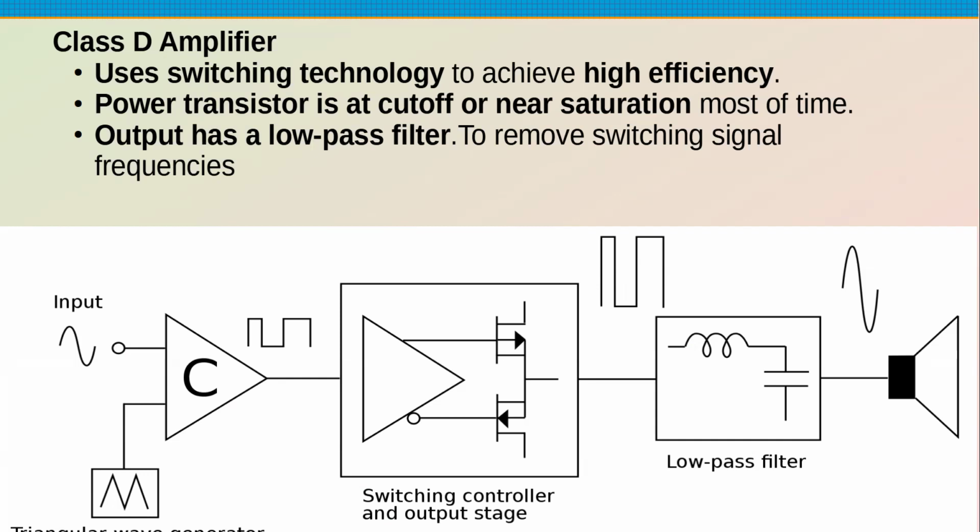A Class D amplifier has an input comparator, and you're comparing the input signal with a triangular waveform generator and generating a pulse width modulated output. The width of each pulse, each sample, is proportional to the amplitude. And then you can amplify that with a switching controller and run it through a low pass filter. It's also called an integrator.